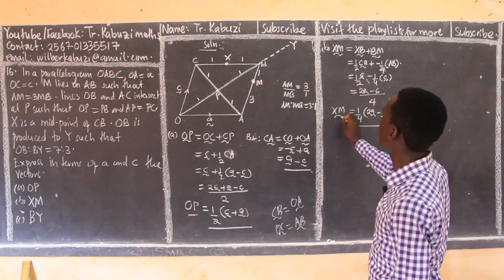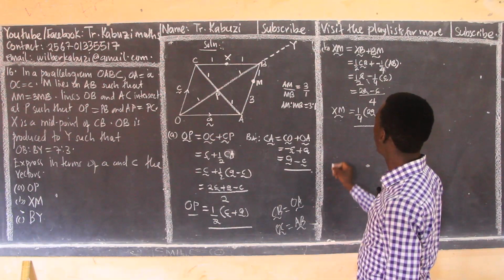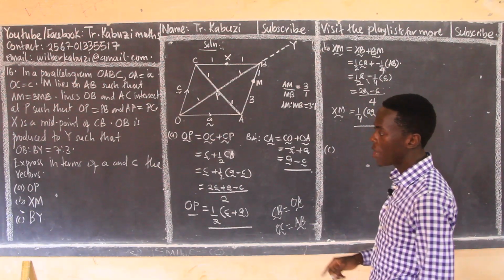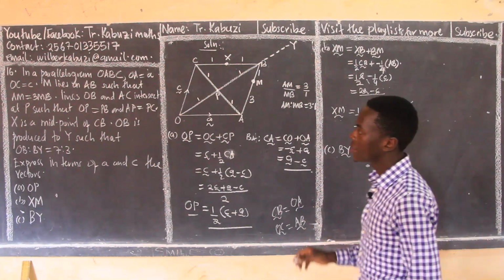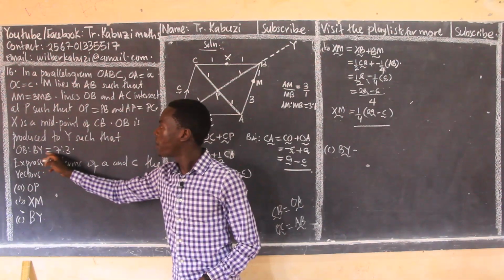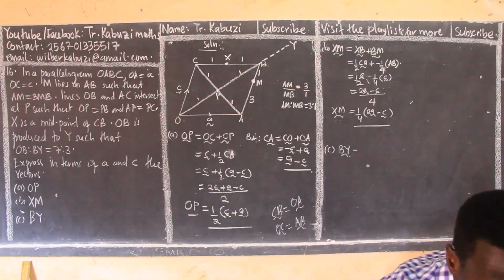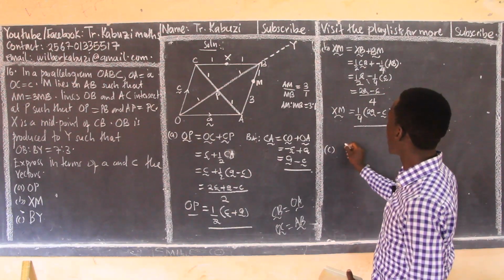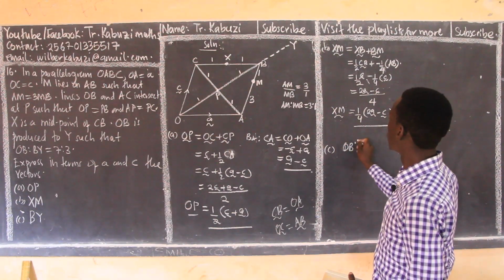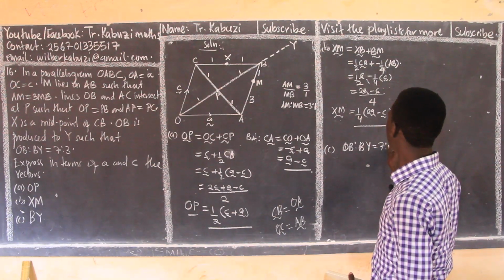So that's our XM. Then we come to BY. Where is our BY? They told us that OB to BY is that. So I can also write that statement there, and say now my OB to BY is 7 to 3.